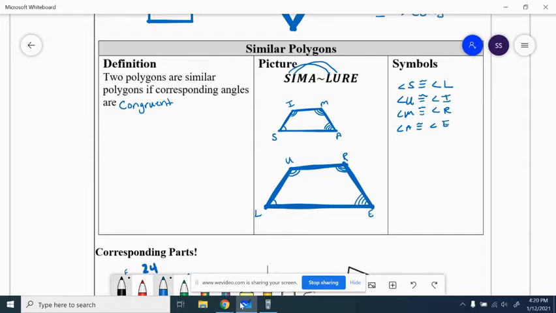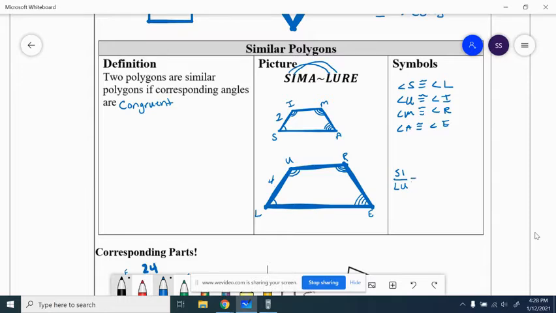All right, and what we also know about similar figures is that they set up proportional relationships. Let's say we knew the length of SI was 2 inches and we knew that the length of LU was 4 inches. What we can say here is that segment SI is proportional to the distance of LU.